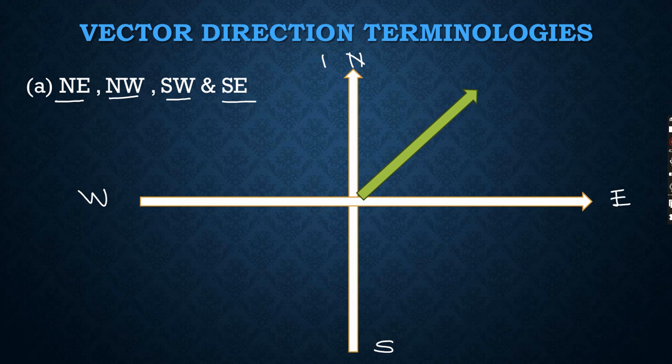If you hear that the vector is moving northeast, when you see northeast, the first thing that should come into your mind is that the vector was in between north and east, midway.